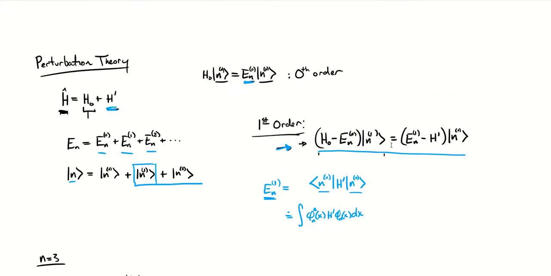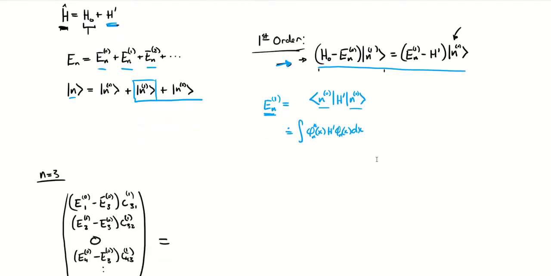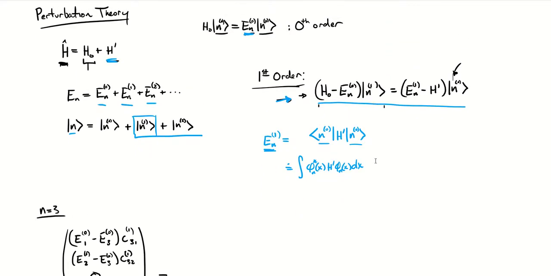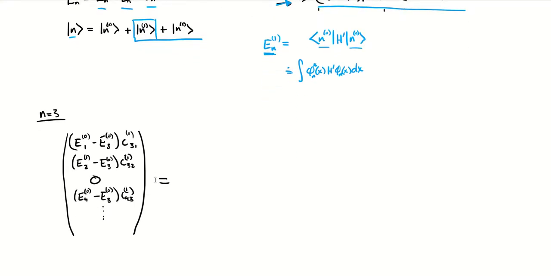And the right-hand side over here ended up being, because this unperturbed eigenvector is just a unit vector in that basis, we had essentially just taken the third column of this matrix, and that's our column vector, and it ended up being the negative of the perturbation, the matrix elements of the perturbation matrix there, except for the third column had E3 first order correction to the third energy term, minus the diagonal element of that perturbation matrix, and so on.